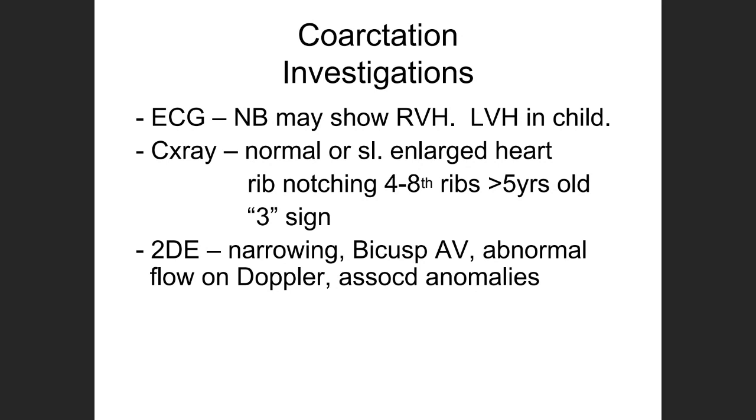In later infancy and in the older child, there would be left ventricular hypertrophy. The chest X-ray will show normal or slightly enlarged heart, and there may be rib notching in the 4th to 8th ribs, which I will show you shortly, and in patients over 5 years old, the 3 sign.